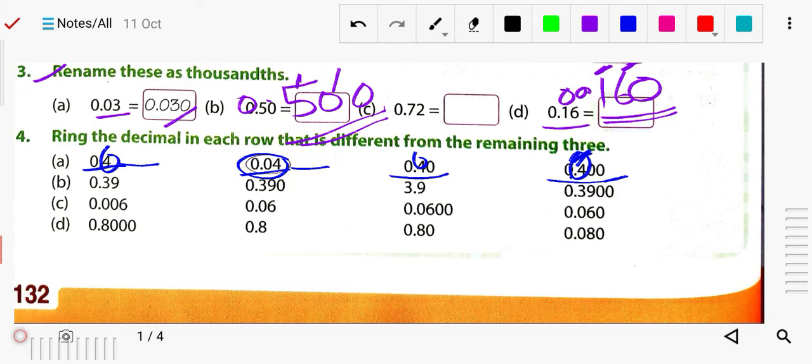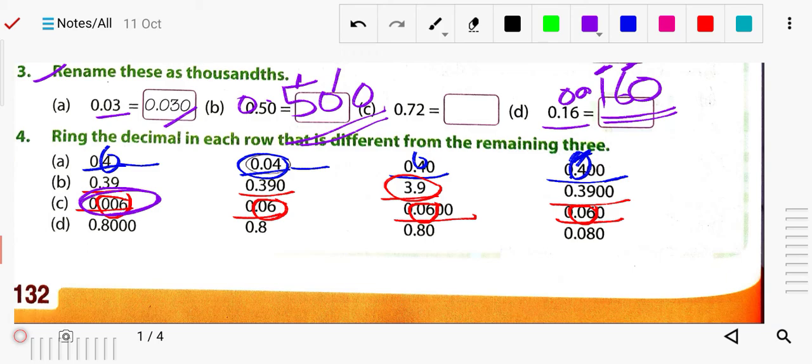Here you can see 0.39, 0.390, 0.39, 0.039. Here it is changed, so this is wrong. The next one: 0.6, 0.60, 0.600, 0.006. After the decimal 0.6 is there, 0.6 is there, 0.6 is there, but here it is 0.006, so this is not the correct one, it is not the same.